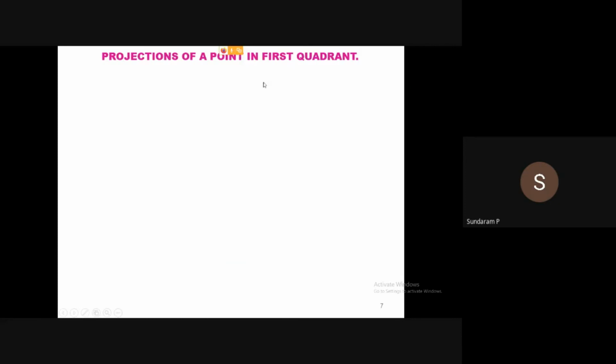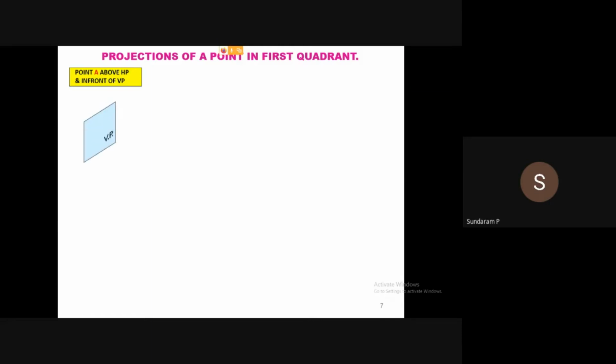Projection of a point in the first quadrant. The problem can be described in different ways. For example, they may give point A above the horizontal plane and in front of the vertical plane.